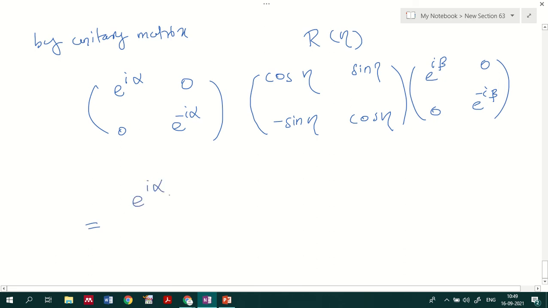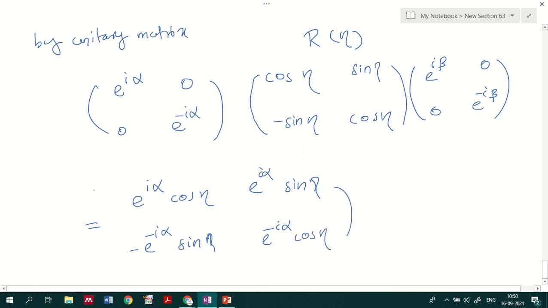You will have e raised to i alpha cos theta and e raised to i alpha sin theta, then minus e raised to minus i alpha sin theta, then e raised to minus i alpha cos theta, into e raised to i beta, 0, 0, e raised to minus i beta.